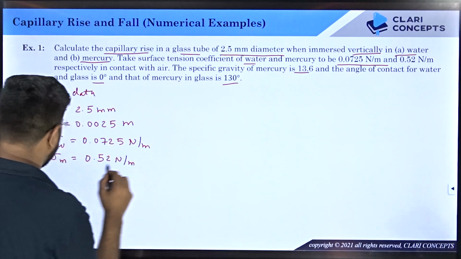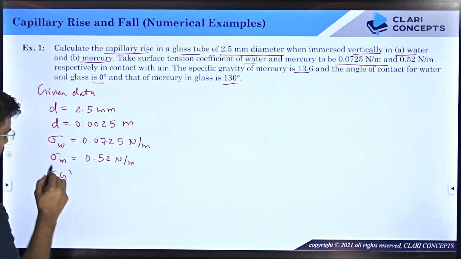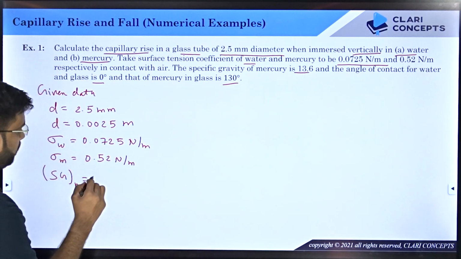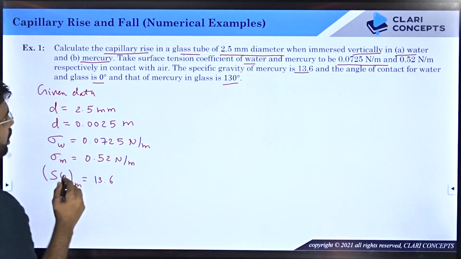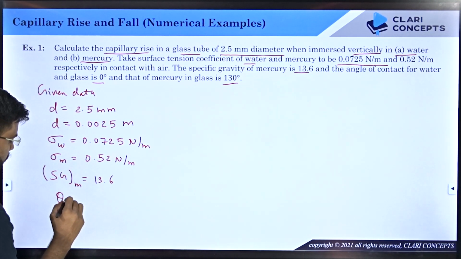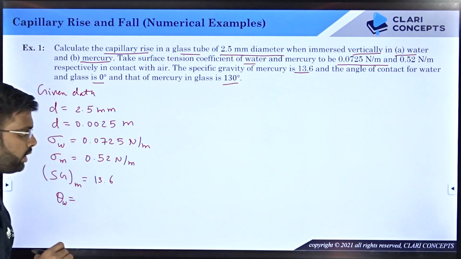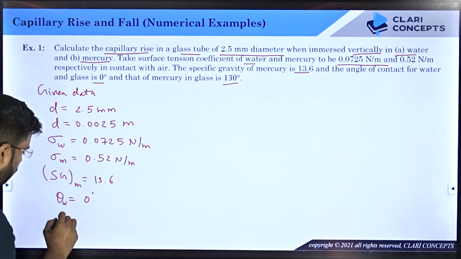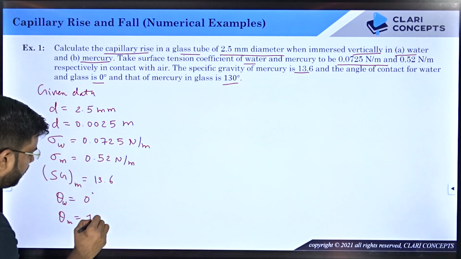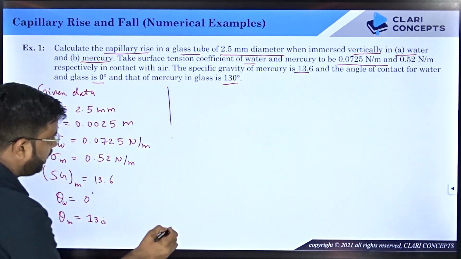The specific gravity of mercury, Sg, is 13.6. The angle of contact for water, theta w, is 0 degrees, and for mercury it is 130 degrees. Now let us solve the cases one by one.